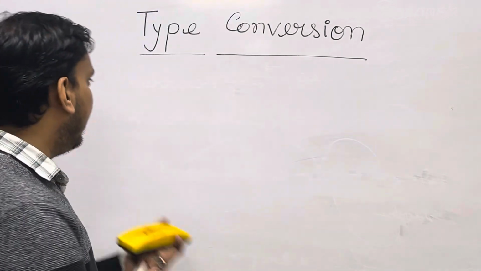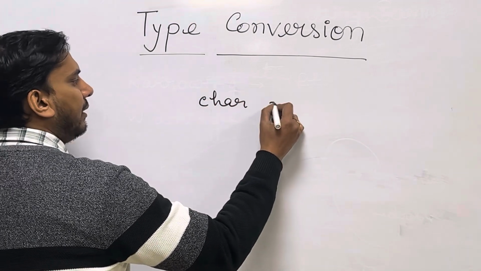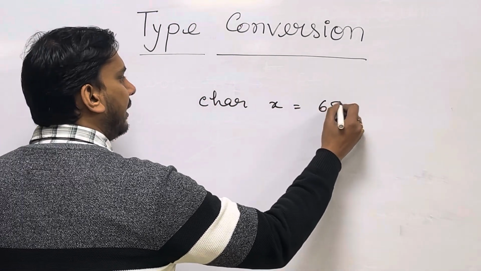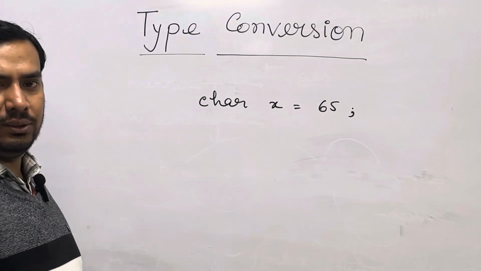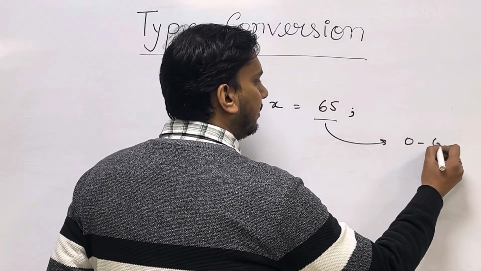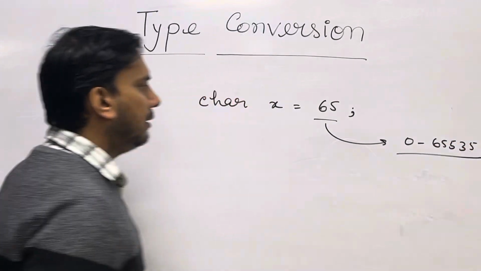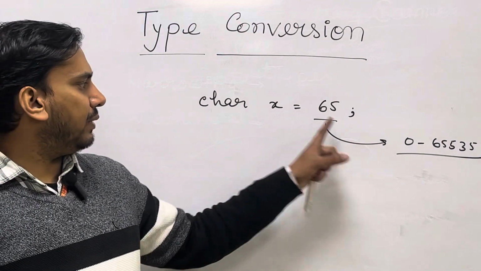Means I am saying that you can write here char x is equal to 65. This is okay. This value must be in the range of char, that is 0 to 65535. If it is in the range, you can assign it here.